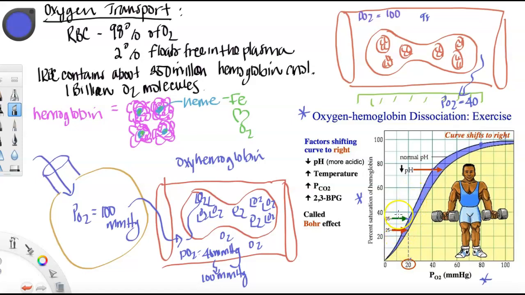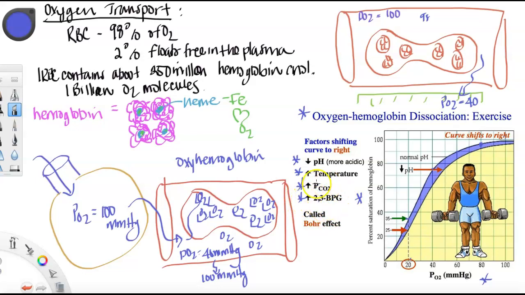There are certain circumstances in the body that can speed up or slow down that dissociation. When you exercise, you become more acidic because you're metabolizing and making more CO2, so the pH is going down, your temperature is going up, the CO2 is going up, and BPG is going up, which you don't need to worry about.